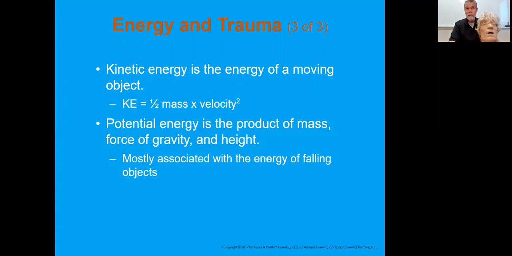It doesn't come up when you're dealing with this trauma patient who was, again, ejected from that vehicle, but you should have this great index of suspicion that, yeah, that has the potential for very serious injuries. Potential energy is the product of mass, force, gravity, and height.